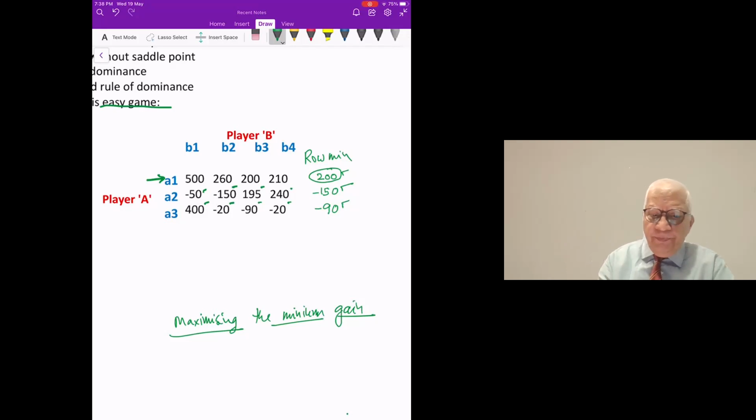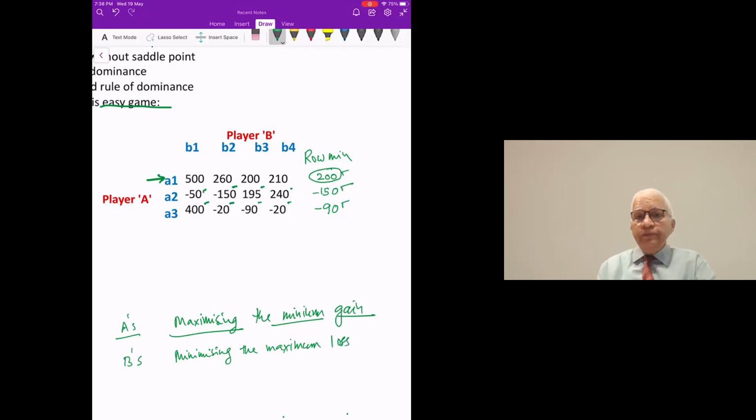Just as maximizing the minimum gain is A's strategy, B's strategy would be minimax, or minimizing the maximum loss.